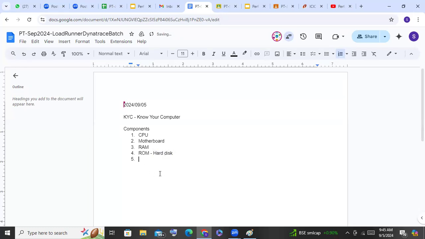Okay. Anything else? Power supply. Okay. Power supply, monitor, all those are normal.